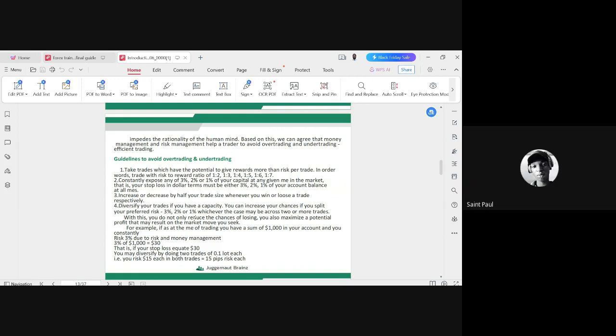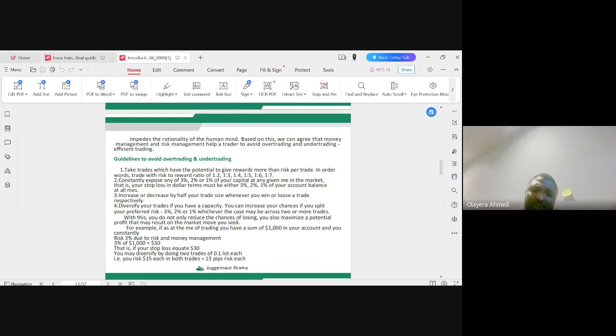Yes, I can do it on two trades. So that's going to be $1.5 on each of the trades. I can risk $1.5 on EUR/USD, and then use another currency pair like GBP/USD, enter the same buy trade and risk $1.5.